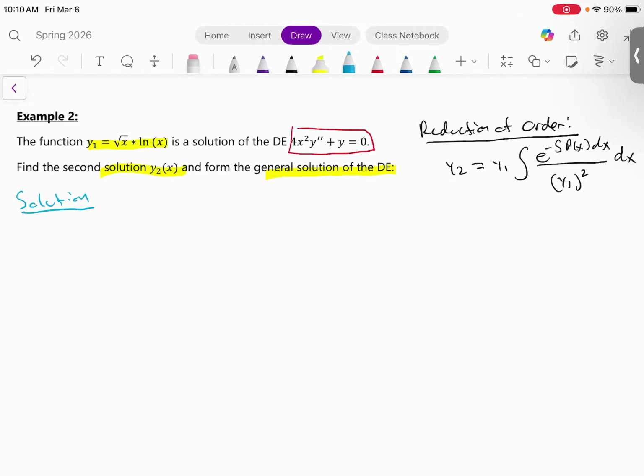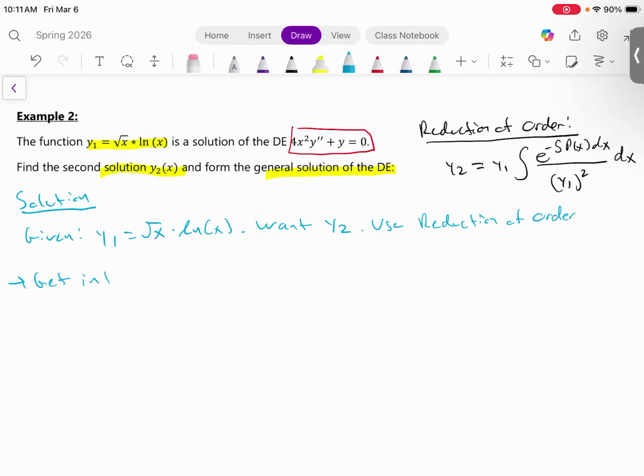So, solution: we are given y1 equals square root of x times natural log of x, and we want a second solution, y2. So we're going to use reduction of order. Before we use reduction of order, we've got to get this differential equation into standard form.